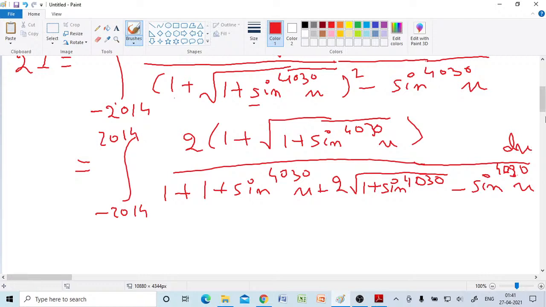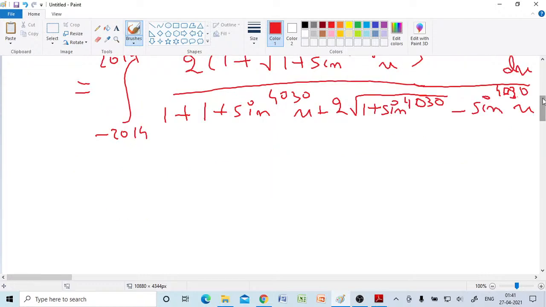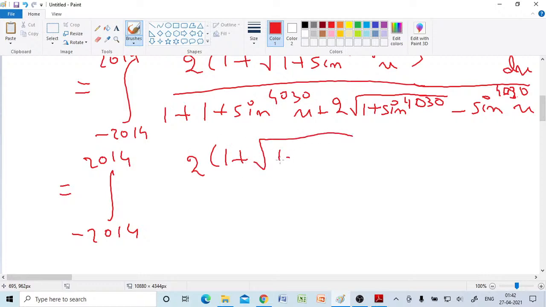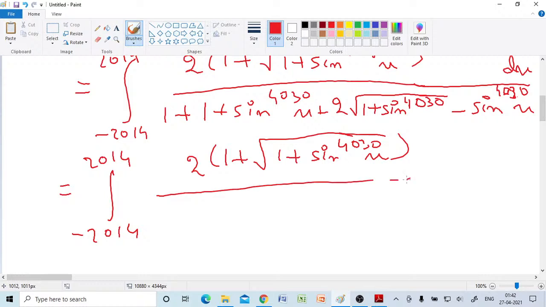Okay, so this basically means the integral from minus 2014 to 2014 of 2 times 1 plus root over 1 plus sine to the power of 4030 x over, so this thing and this thing will get cancelled out.